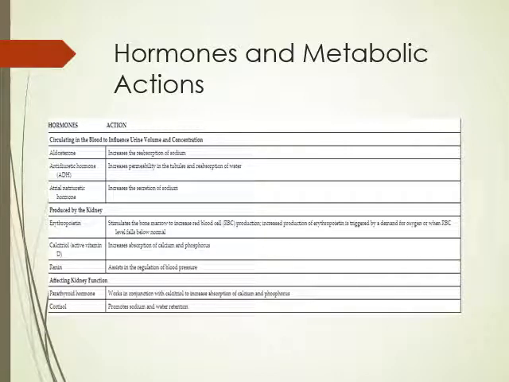We can also see calcitriol, so that's active vitamin D. So again, when the kidney's not working well. Renin, affecting the regulation of the blood pressure. So again, when the kidney's not working well, renin will not regulate the blood pressure and it will go up.